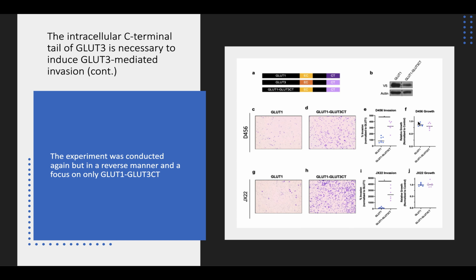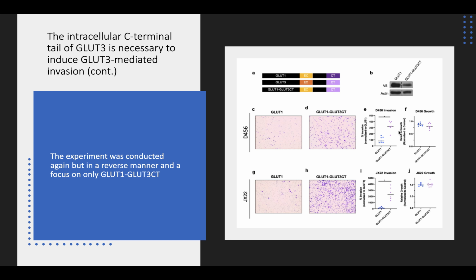And then in 4F as it relates to D456 growth, the y-axis represents relative growth normalized to control, and on the x-axis it represents GLUT1 and GLUT1 GLUT3 CT.